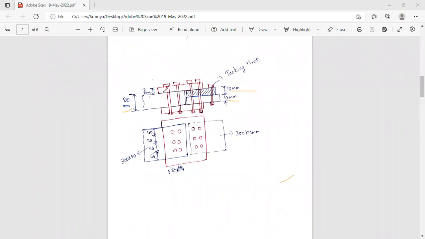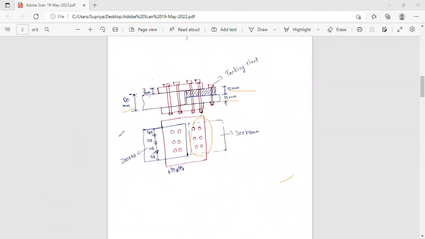We decided that 6 bolts are to be provided. We considered only one side plate, not both plates, so 6 bolts on one half of the connection. This is how we make the arrangement.